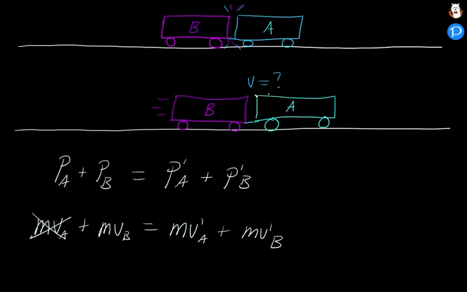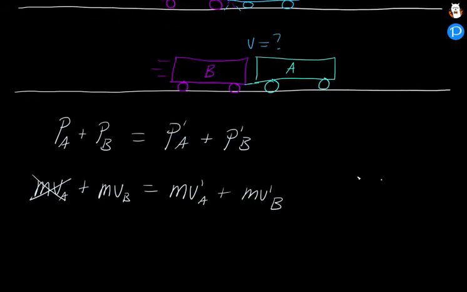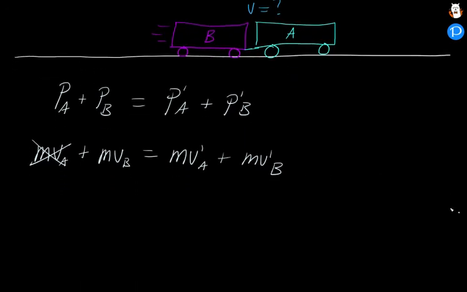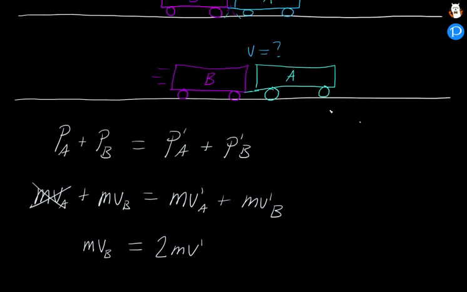So I can simplify this part of the equation as well. I'm going to combine these two since the velocities are the same and so are the masses. It's going to be 2mv prime.